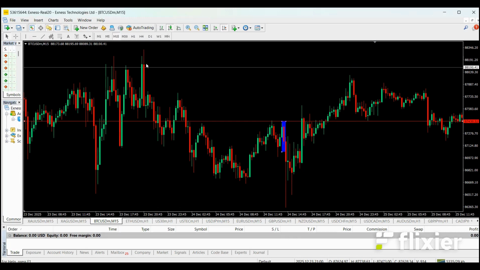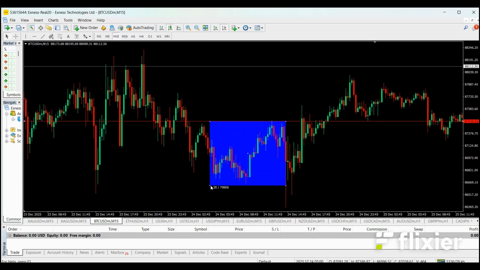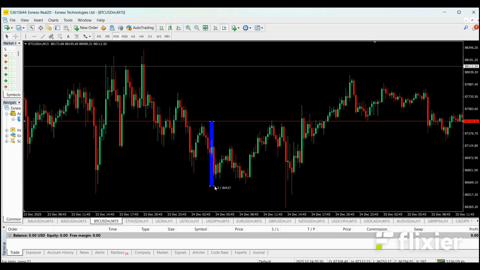That will tell us that, hey, sellers were in control, or buyers were in control, okay? But if you look down here, we can see that we have a partial overpowering here. Like, for example, you see this one, okay?